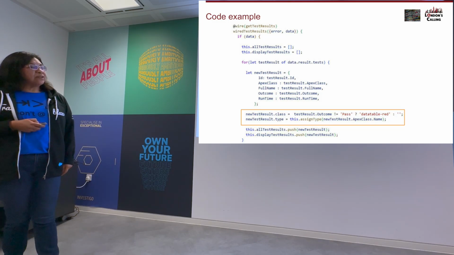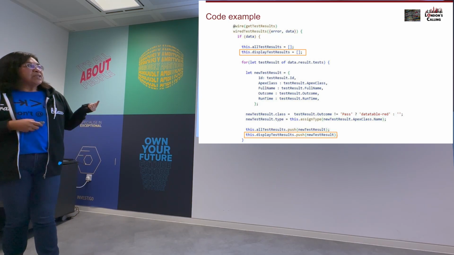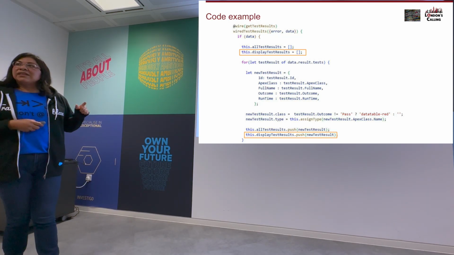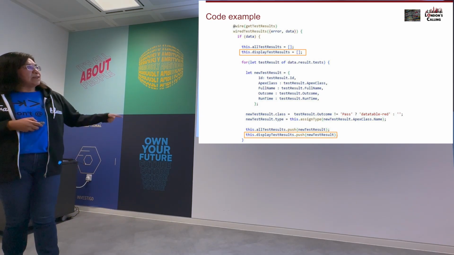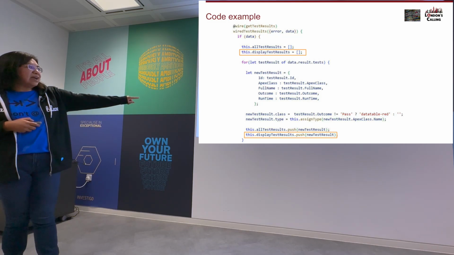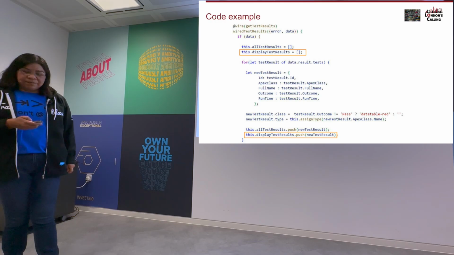And I am also using another thing that I know how to do in Apex: two arrays, one that contains all the test results, and one that is going to contain the display test results when I filter. So I'm going through the for, and on each test result that has all the properties added, I am just adding the element to the second array.